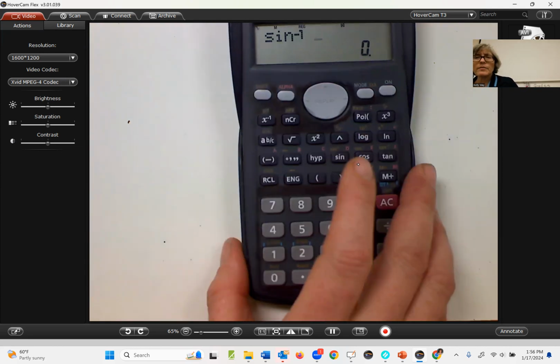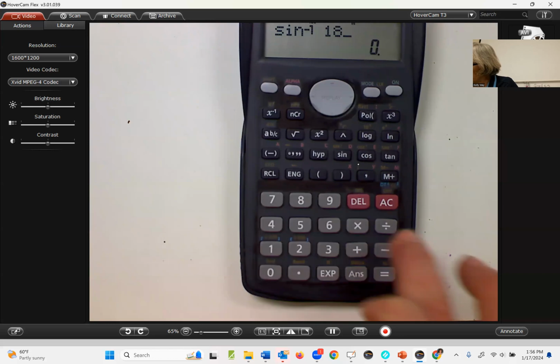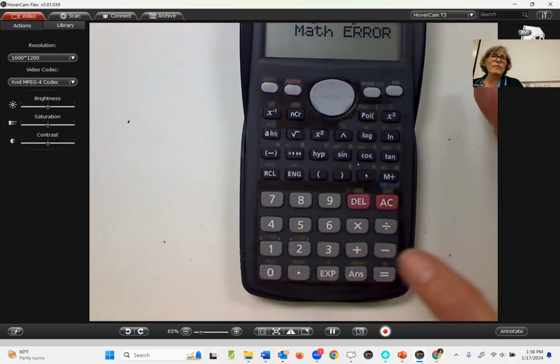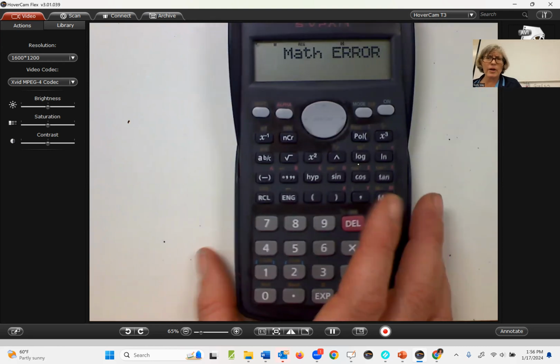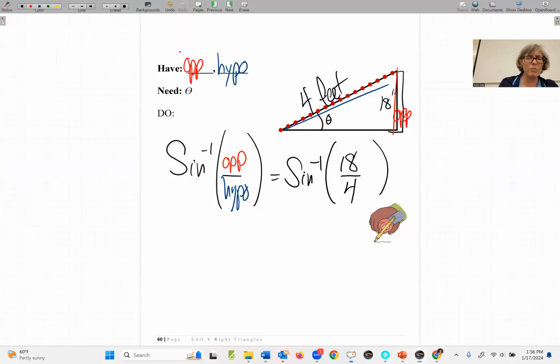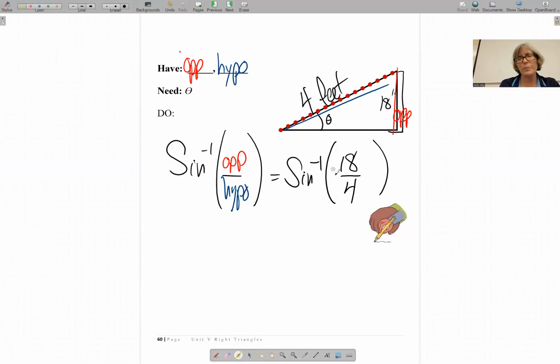Second function sine, it was 18 divided by 4. And you would have gotten something like math error or syntax error. And that's because when you're dealing with sine, the numerator can never be larger than the denominator.